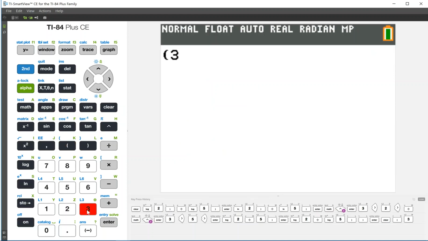So 3 times ln of 4 plus 2 ln of 5, close parentheses.